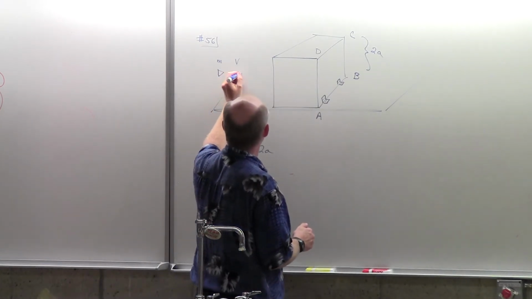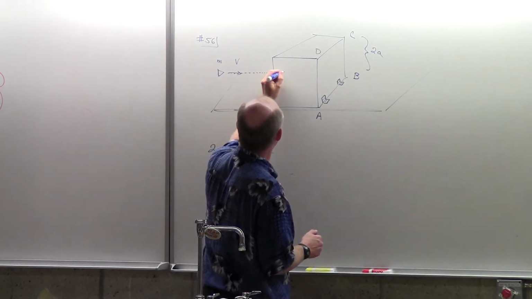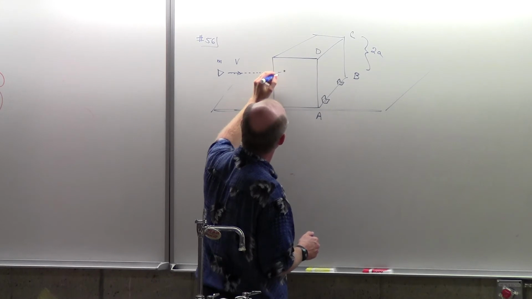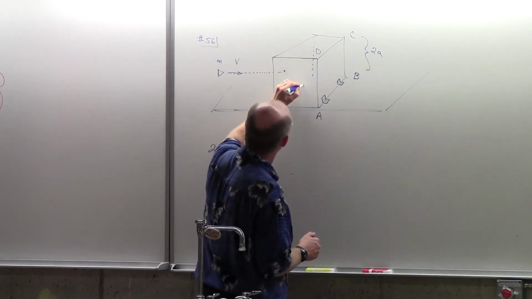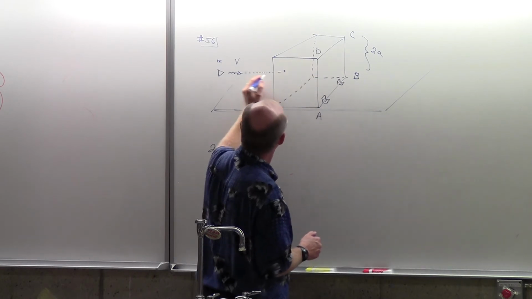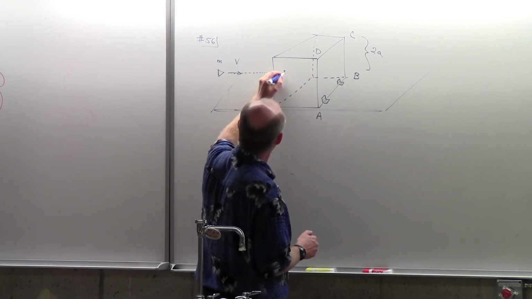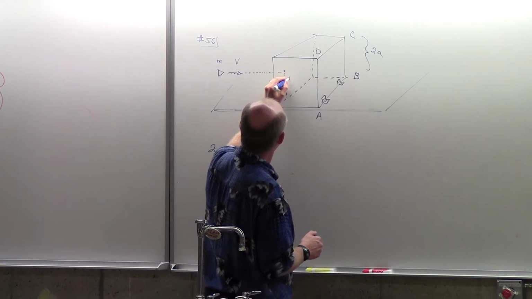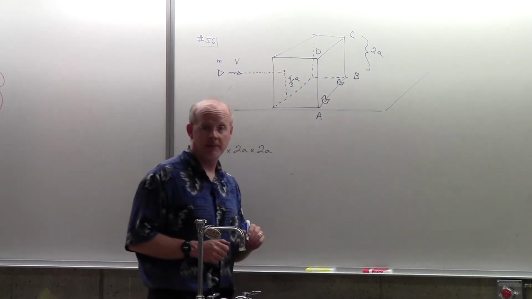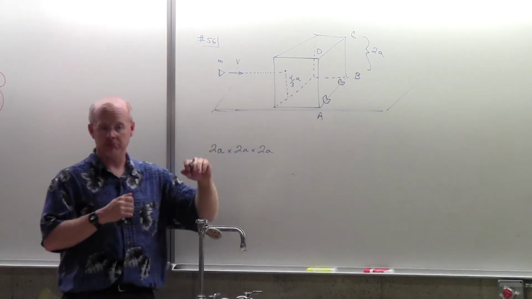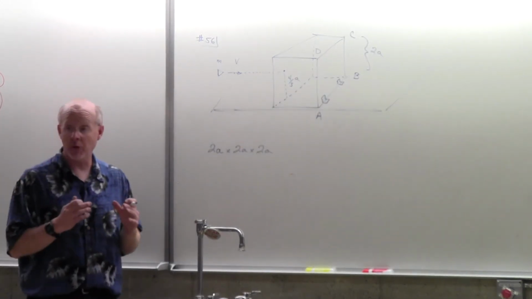So this bullet is going to strike at a height of 4/3 a. So in other words, it's more than halfway up. And that's important here.